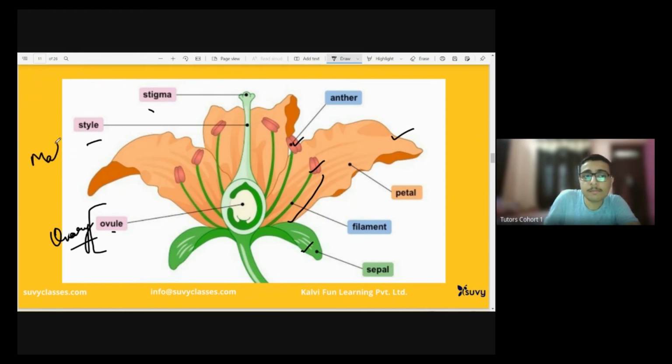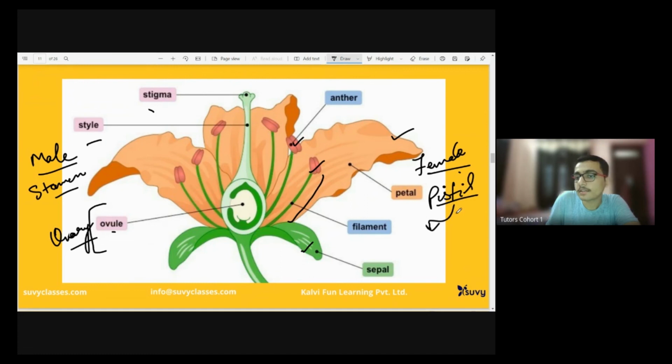So that's the thing. Also, there are two parts of the flower: the male part and the female part. Stamen is the male part, whereas pistil is the female part of the flower. It contains three segments as discussed: stigma, style, and ovary.